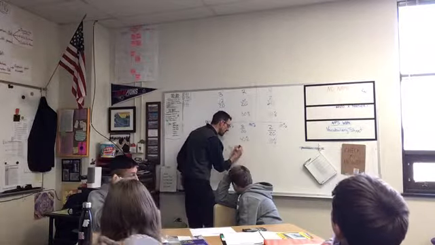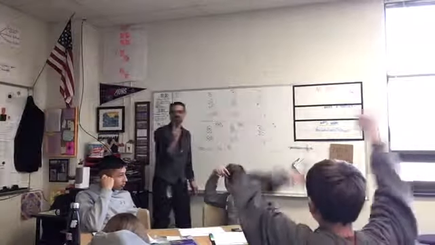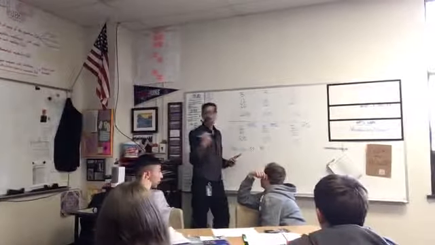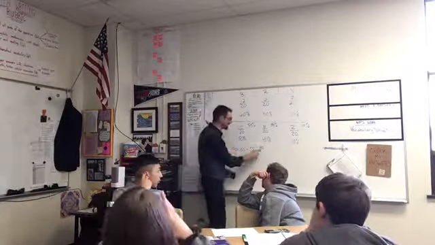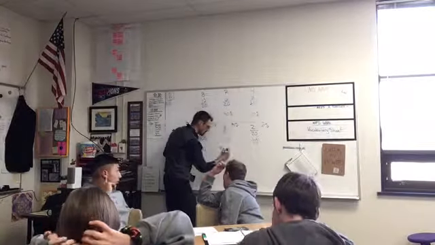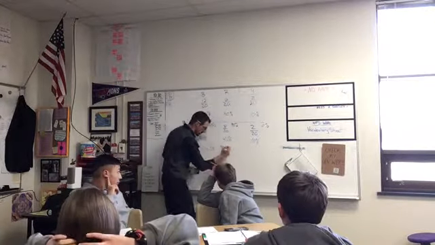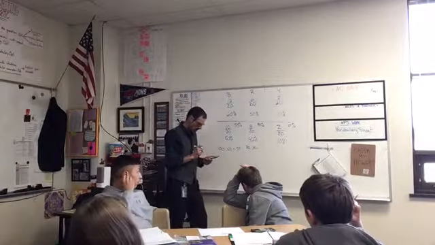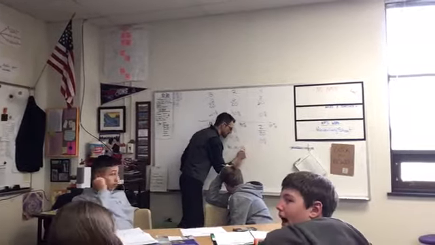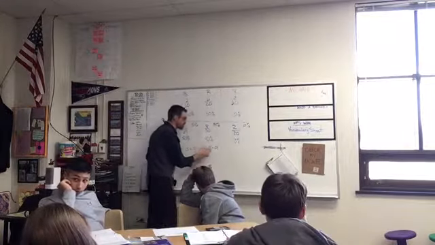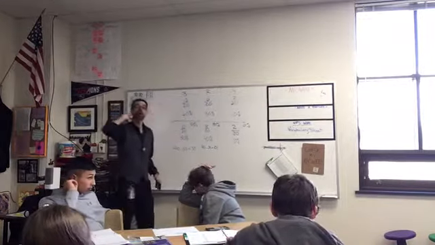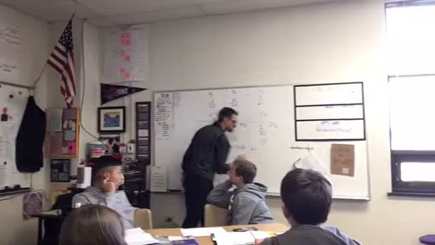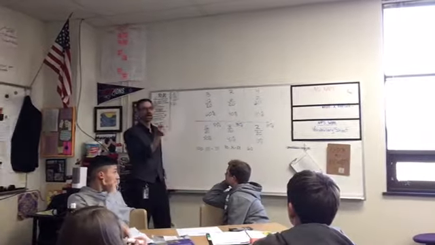If I was to tell you, hey, I actually don't have 100 blocks, I have 80 blocks, you'd go 80 times 0.35. That's 28 blocks. That means if I have 80 blocks, 28 of them are red. So what happens if I said I have 60 blocks? Figure this out with your team. How many would be yellow?